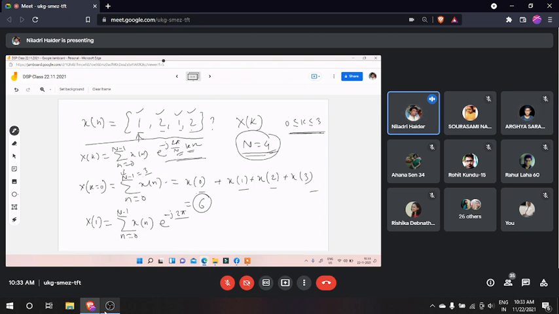So 2 pi by 4. The value of k is 1 and the value of n varies from 0 to N minus 1, or 0 to 3. You can directly write 3 here also.